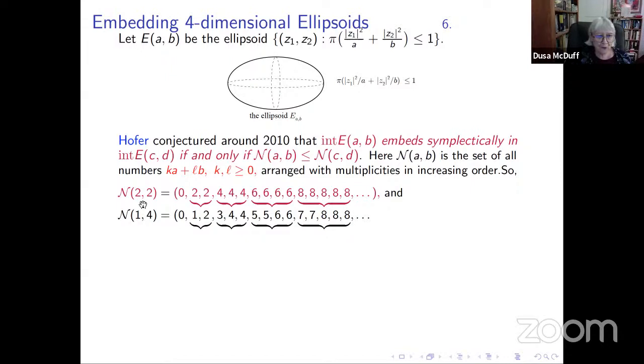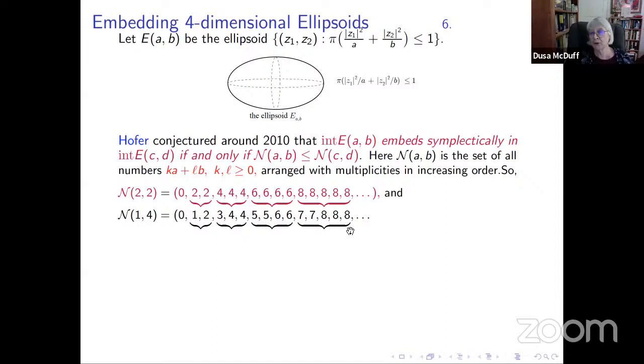So if you start with, say, 1 and 4, then you have 0, and then you get 1, 2, 3, 4, and then you get 2 lots of 4, because you can have 4 times 1 or you can have 4. And then you similarly get 2 lots of 5, because you can have 1 plus 4 and 5, 2 lots of 6, 2 lots of 7, 3 lots of 8, because now there are 3 ways of making 8, and so on.